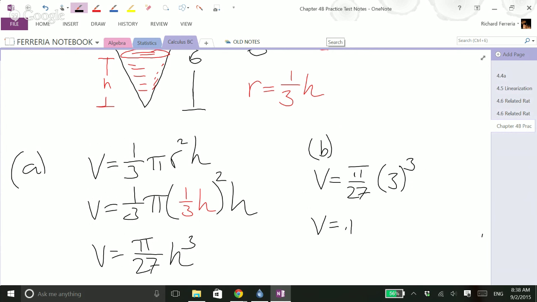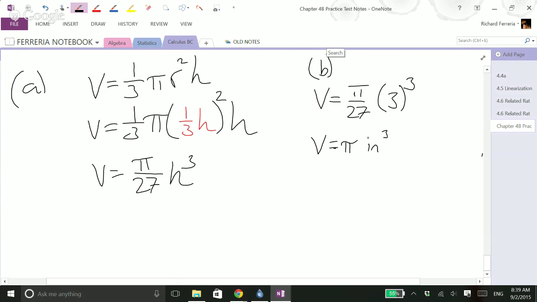So we have pi cubic inches, right? Once you get the volume formula, the rest of this seems pretty easy, right?